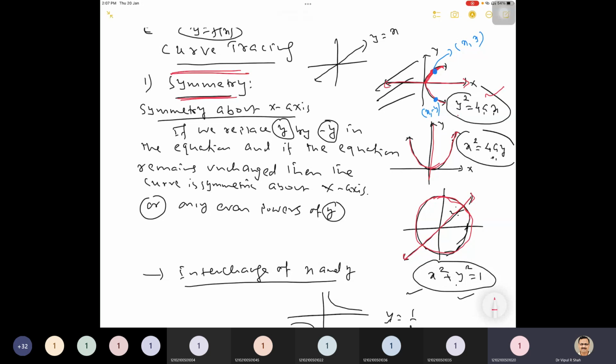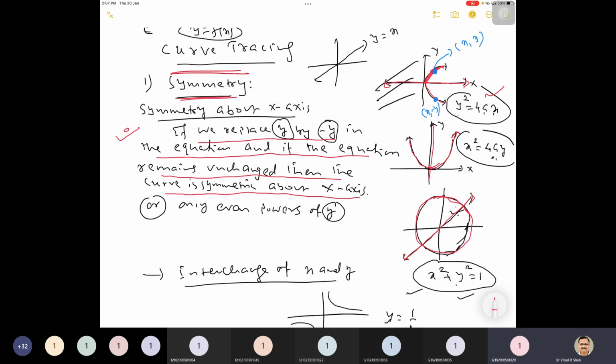That means, if you replace y by minus y in the equation, and if the equation remains unchanged, then the curve is symmetric about x-axis.